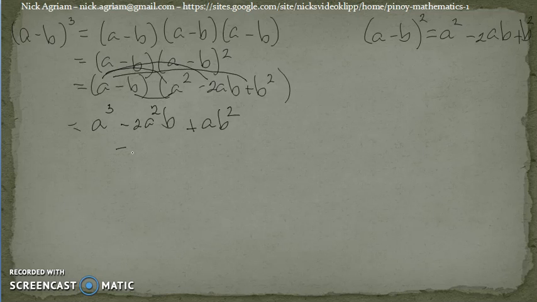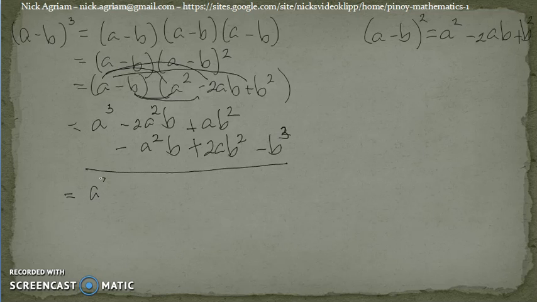Then we have negative a squared b. And we have positive, this one is negative b multiplied by negative 2ab, it's positive 2ab squared. And then we have negative b cubed for the last term.